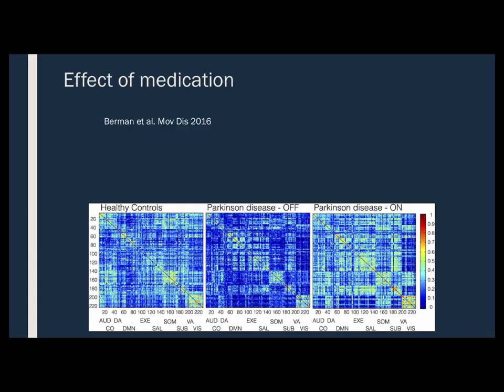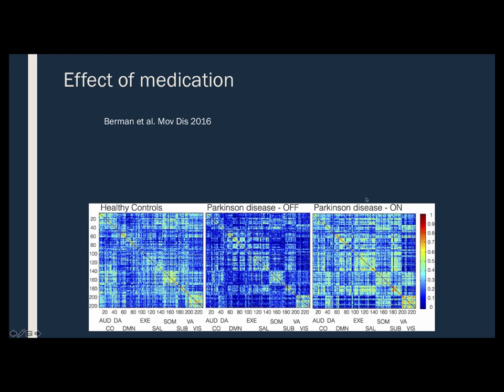And indeed, there is another group, Brian Berman, who used to work with us, that has done this comparison on the modularities. It's slightly different because he didn't study the whole brain or particular regions. He divided it up into networks. But still, we can see that there are differences between healthy controls and Parkinson patients off medication.